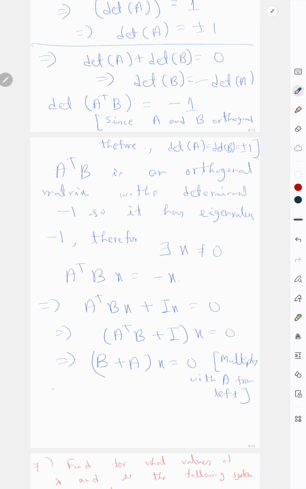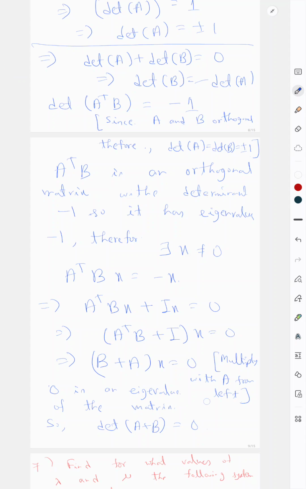So you can say that 0 is an eigenvalue of that matrix, so the determinant of A plus B will be 0.